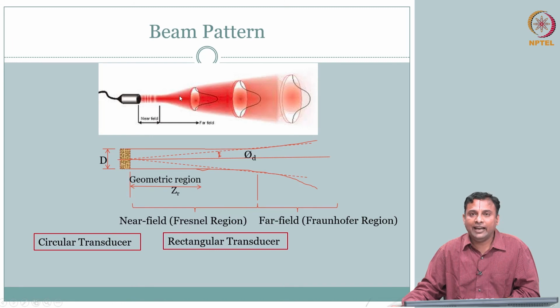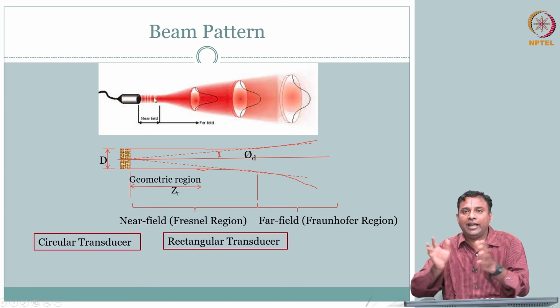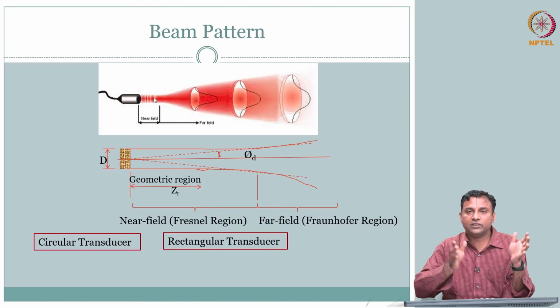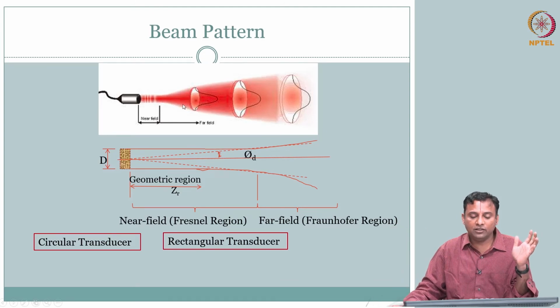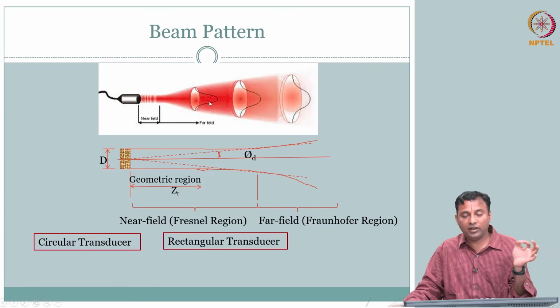You can clearly see, the idea is the farther you go from the transducer, the more diverging it becomes. So whether you are near to the transducer or far away from the transducer has an effect on the pressure field that each location is going to experience. In the near field you can see there is a lot of fluctuation, but it is not wider than your transducer width, whereas when you go far away from the transducer, the intensity is smoother, right?